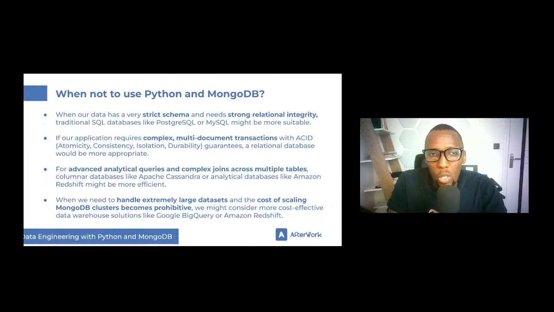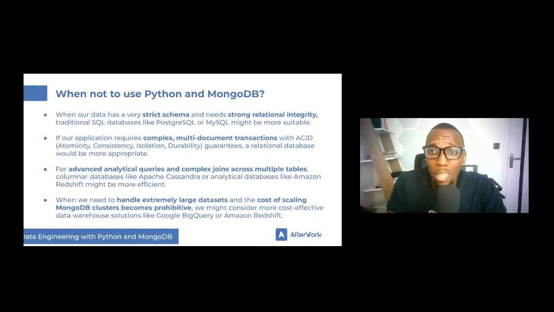If our application also requires complex multi-document transactions, then we can decide to use, again, a relational database. In such situations, the transactions might require that they follow the format of atomicity, consistency, isolation, and durability. This is a design that we would normally implement when it comes to efficiently storing data, especially in relational databases.